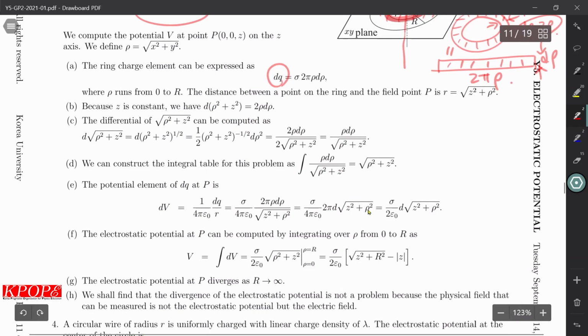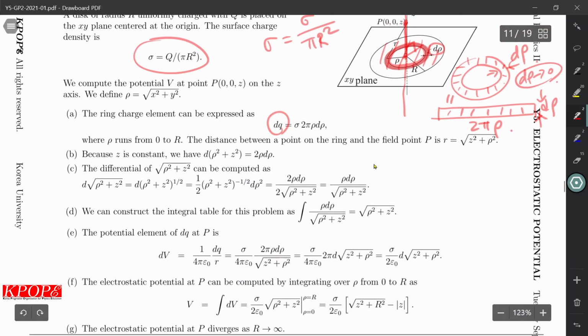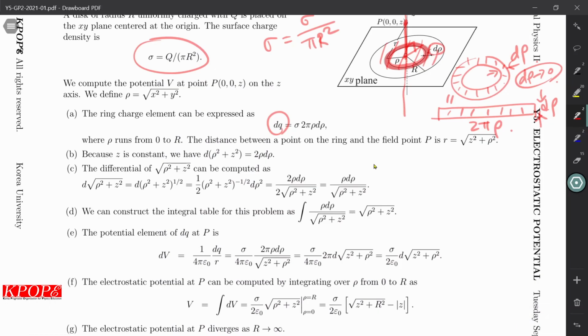Using this representation, we find that this 2 rho d rho appears if I take the derivative of rho squared plus z squared.